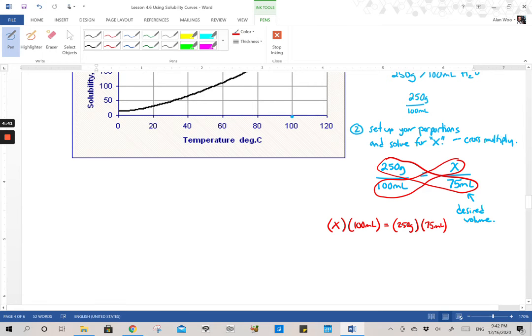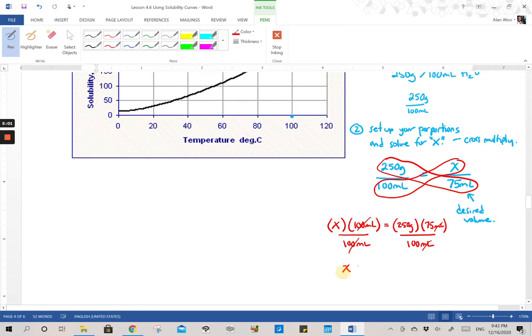We want to solve for x, so I'm going to divide both sides by 100 milliliters to isolate x. You'll notice that these two cancel out, and you'll notice that the units of milliliters will cancel out as well.